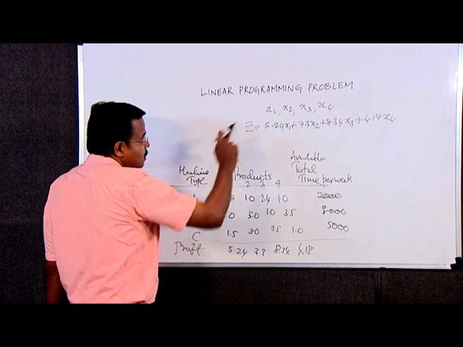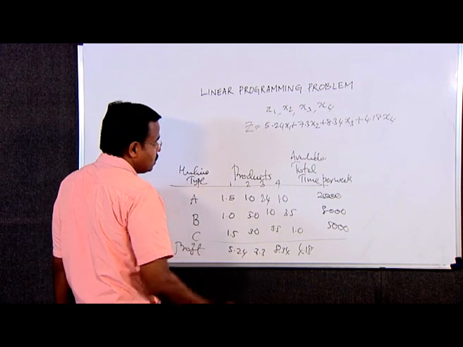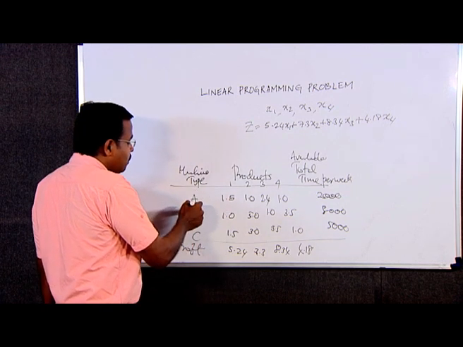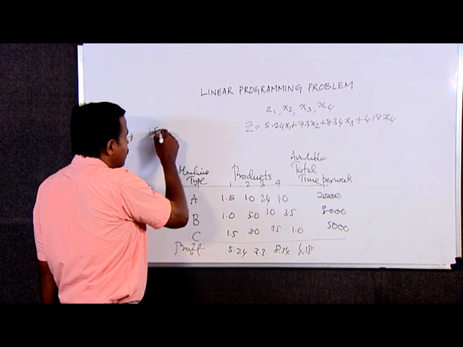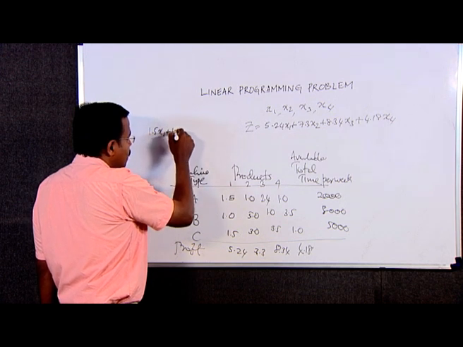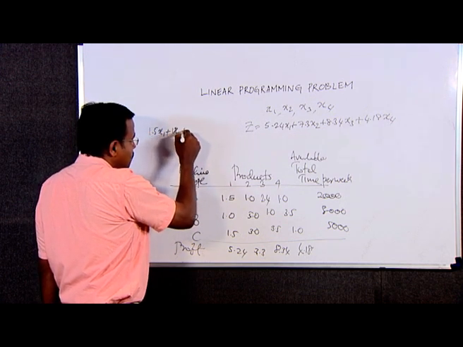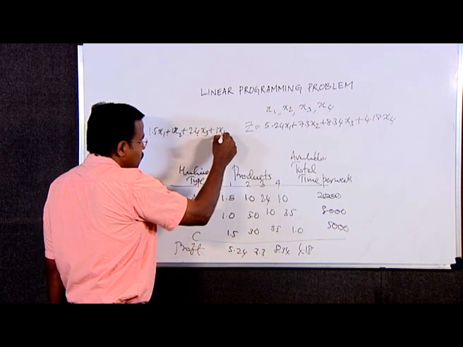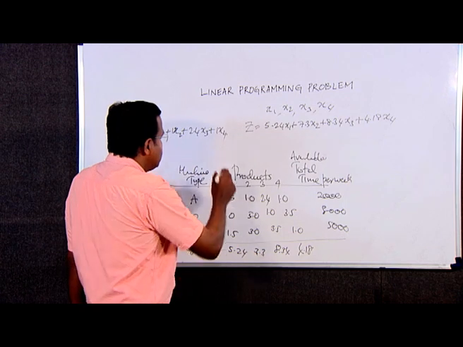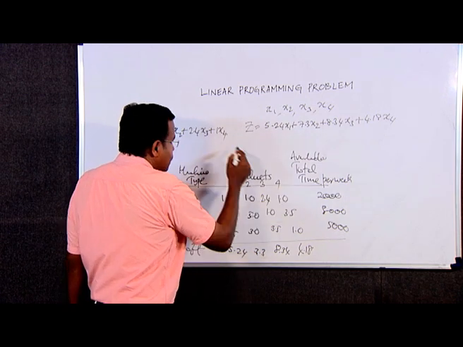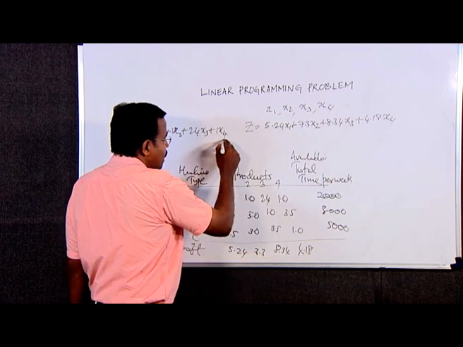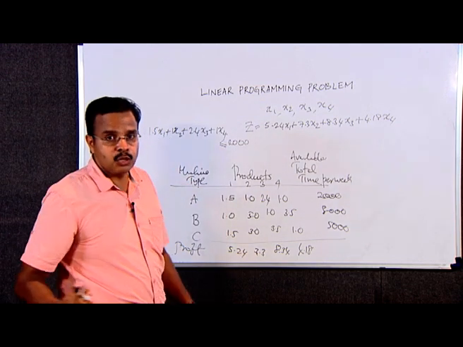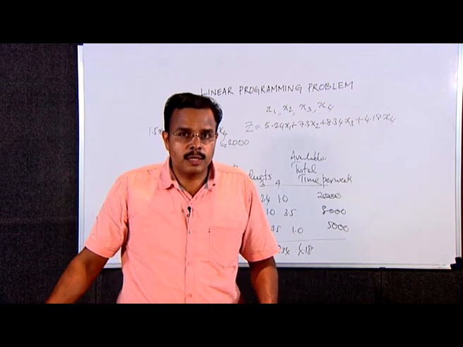So, if x1, x2, x3, x4 items of products 1, 2, 3 and 4 are produced, the total required time of machine A is 1.5 x1 plus 1 x2 plus 2.4 x3 plus 1 x4. But the total available time of the machine is limited to 2000, so this should be less than or equal to 2000.